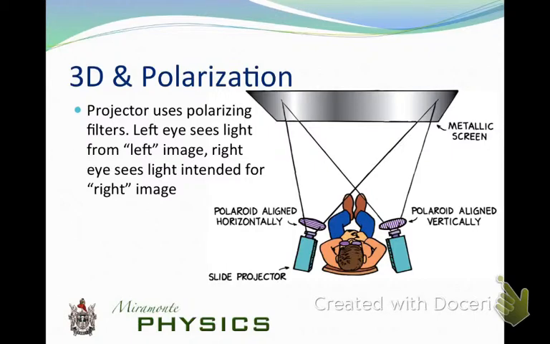And then you're wearing glasses where one lens is vertically polarized and one is horizontally polarized. So one eye is only going to see the vertically polarized signal coming through, and the other eye is going to see the other one. So you're seeing two different images at the same time. And what they do with the filming is have them be slightly off.